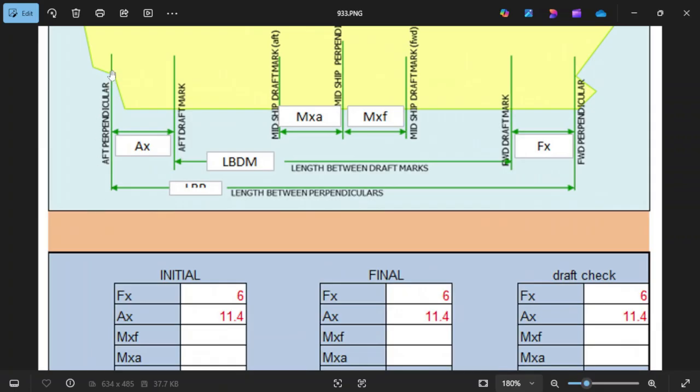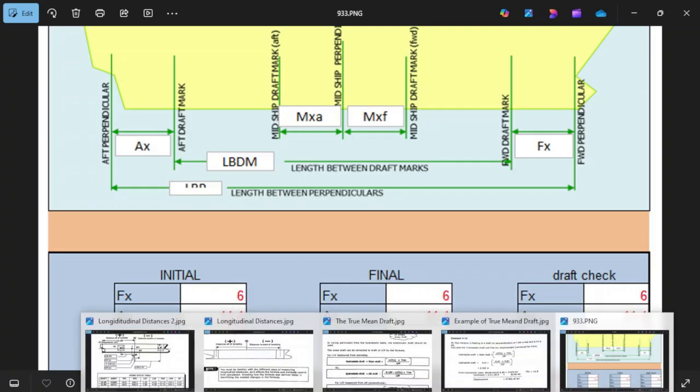From the aft perpendicular to your forward perpendicular, this is length between perpendiculars, LPP. So measured from the aft perpendicular to your forward perpendicular, that is your LPP. Okay?